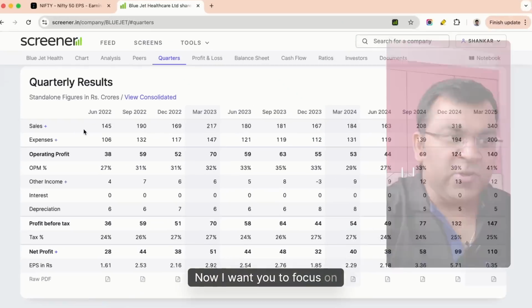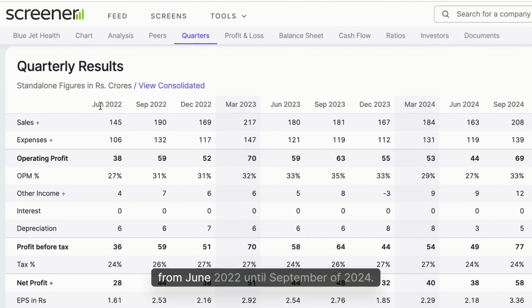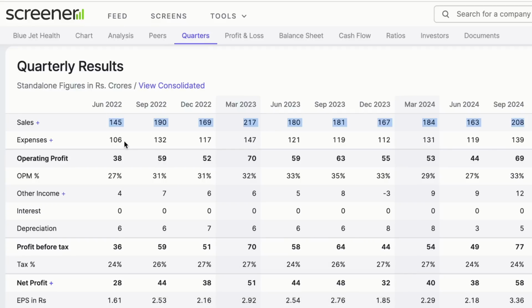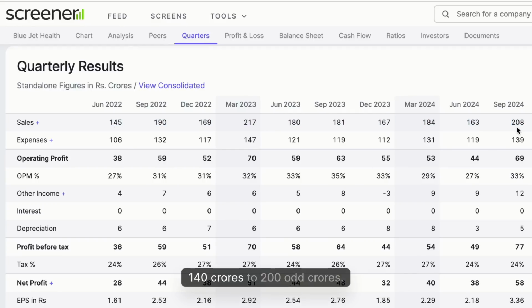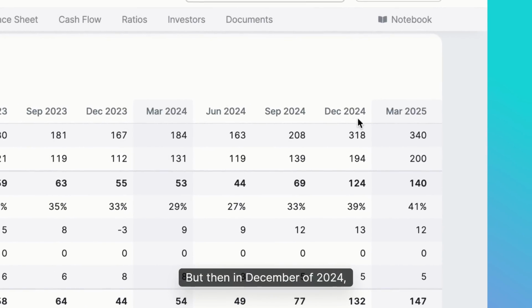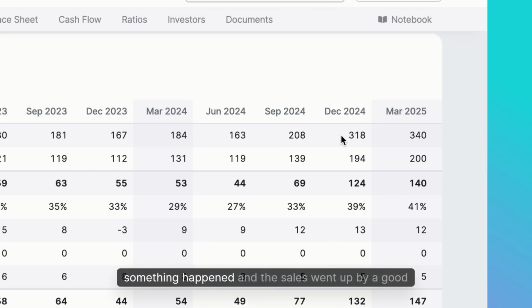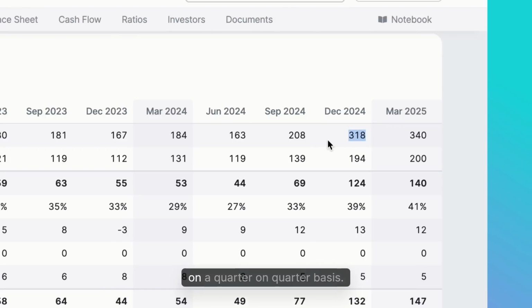Now, I want you to focus on from June 2022 until September of 2024. It's a good 10 quarters, and the sales have been in that narrow band of 140 crores to 200 odd crores. But then in December of 2024, so Q3 of FY25, something happened and the sales went up by a good 50% on a quarter-on-quarter basis. So that's a massive jump from a sales perspective.